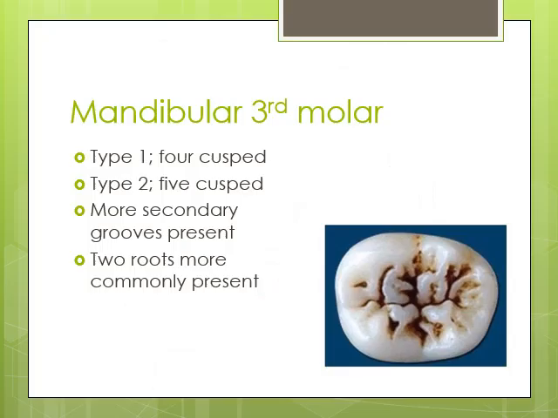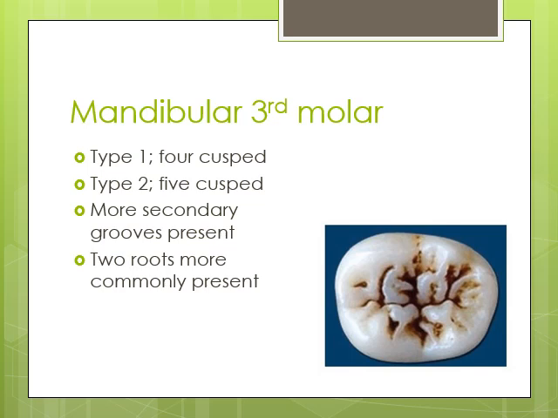Now we come to study the mandibular third molars. As I have taught you the chronology of the maxillary third molars, there is a little bit of difference of 1 or 2 years between the chronology of the mandibular third molar and the maxillary third molar.